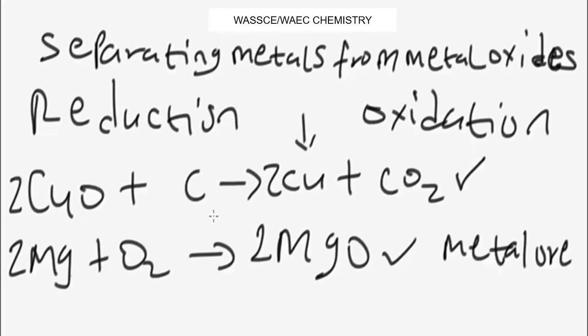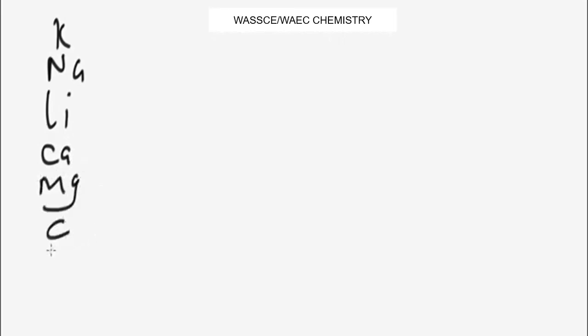Okay, now having known this, let's look at situations in which metals can be extracted by reduction with carbon. Let's write this. Now, in situations in which metals can be extracted by reduction with carbon, I want to explain an important concept here. Let's outline the reactivity series of metals again. Let's say we have potassium, sodium, lithium, calcium, magnesium. Okay, we have our carbon, we have our zinc, we have our iron, we also have our copper.